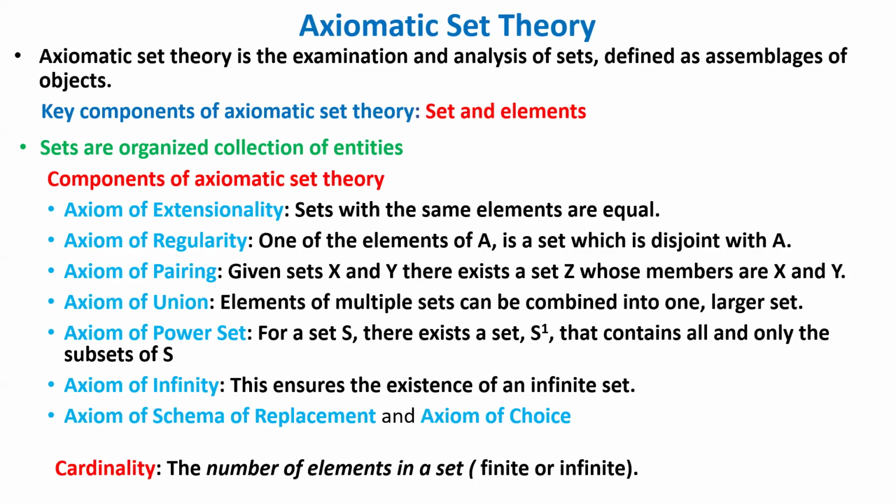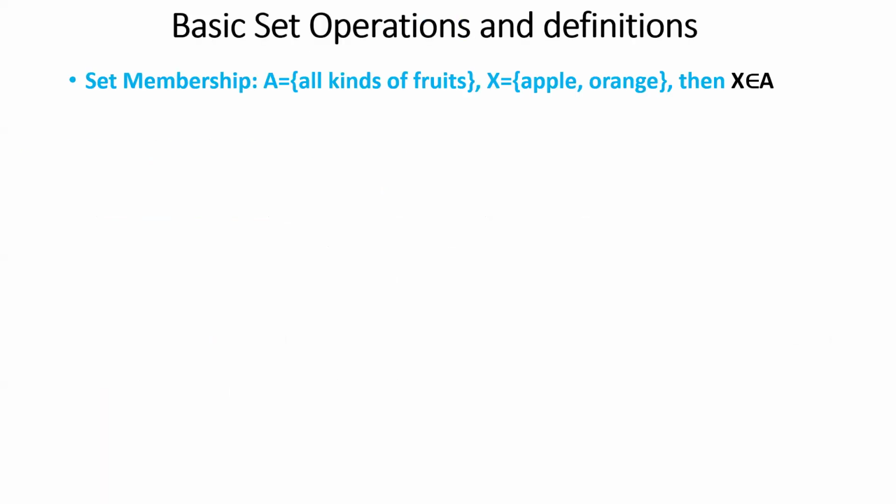Another important subject is cardinality, and this is defined as the number of elements in a set, either finite or infinite. Now, let's look at the definition of some basic set operations. Set membership.